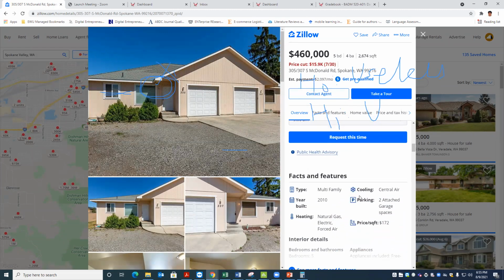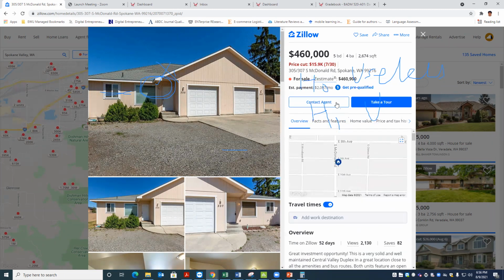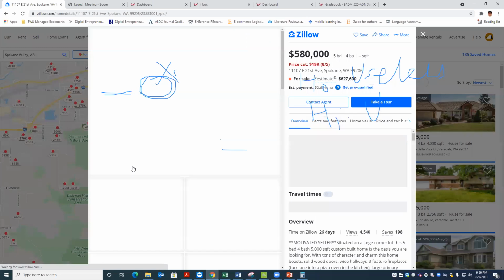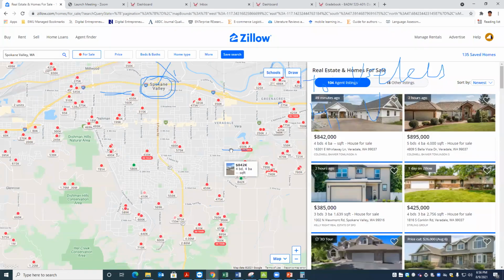I don't see the area. It's at the top by the price, 2674. You can collect about 50 houses in your area and see whether the model is valid, and whether you can estimate the price based on square feet only. So you can do a lot of things.